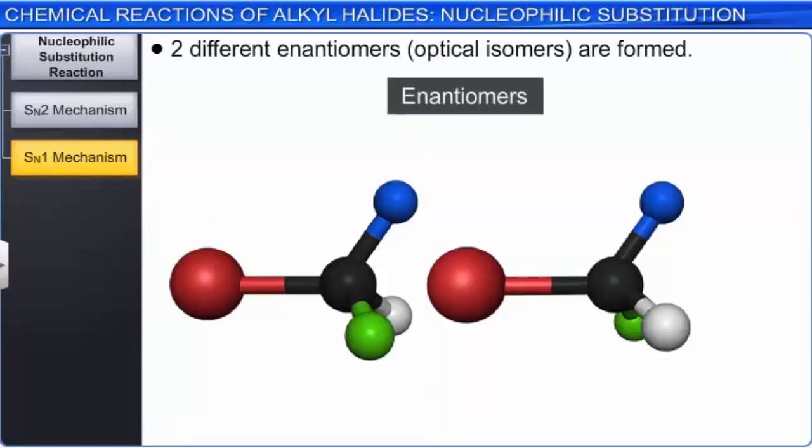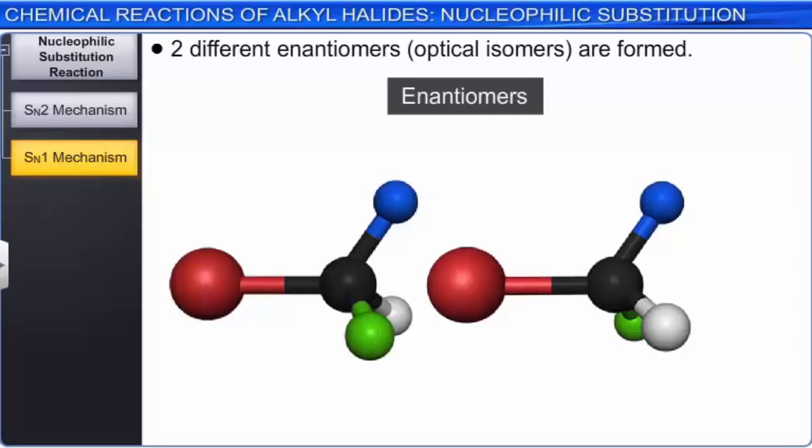In the SN1 mechanism, both enantiomers are equally likely to form. This is called racemization. And such 50-50 mixtures are called racemic mixtures.